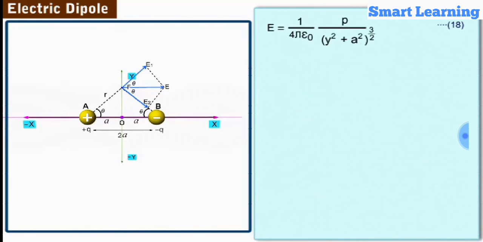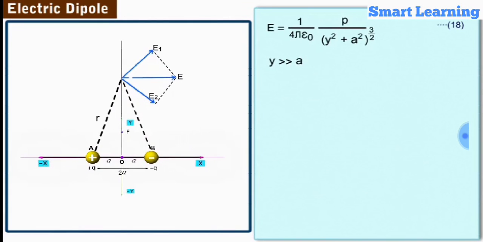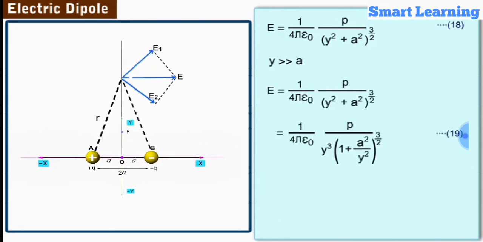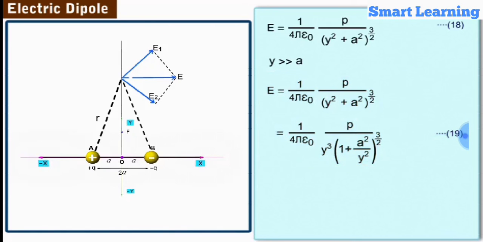When the point F is at a very large distance from the center O, then y is very large as compared to a. Then, writing the expression 18 as in equation 19 and neglecting the term a square by y square for y, which is very large as compared to a in equation 19, and on further simplification, we get E is equal to 1 by 4 pi epsilon naught p by y cube.